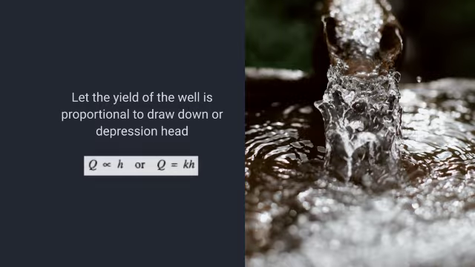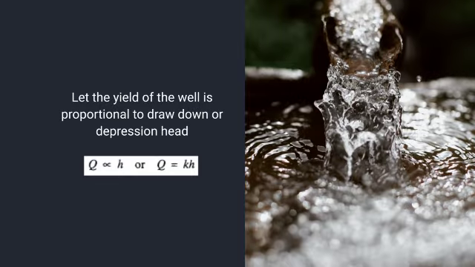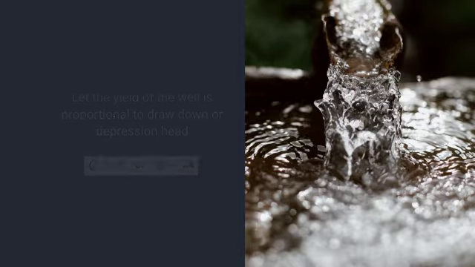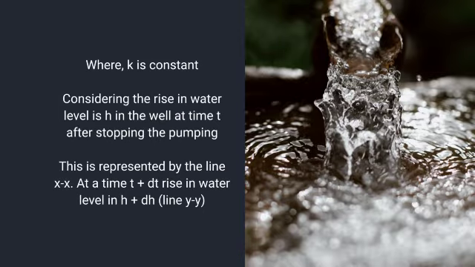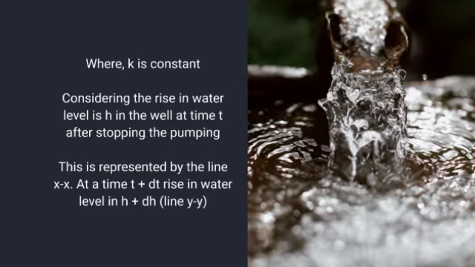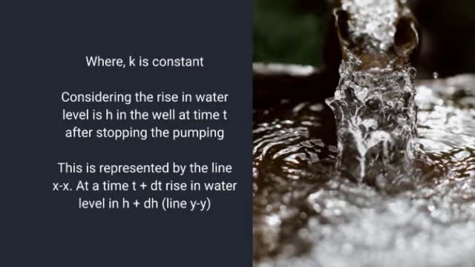Let the yield of the well be proportional to drawdown or depression head. So Q is proportional to h, or we can say Q is equal to K H, where K is a constant. Consider the rise in water level is H in the well at time t after stopping the pumping. This is represented by the line XX.